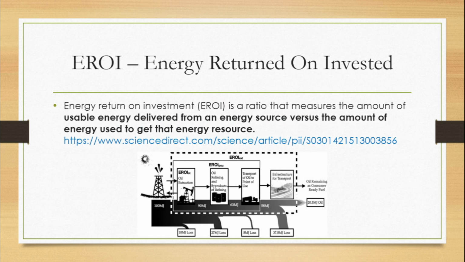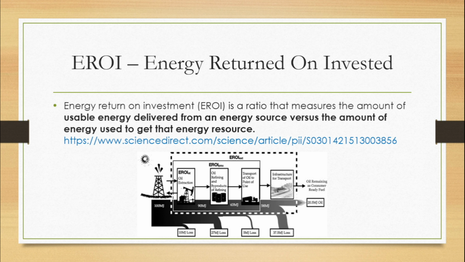I'm going to go to this next slide, which is energy returned on invested. This is a very important metric that we look at when we're considering how much we get out of something versus how much we put into it. The chart below shows a very good example of the degradation of the energy returned on, say, fossil fuel.